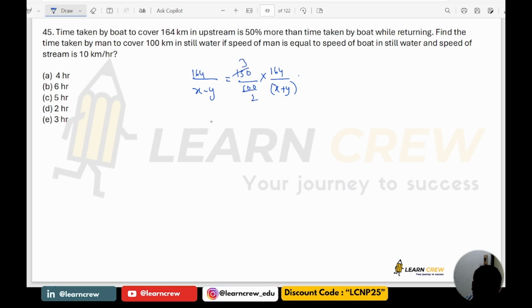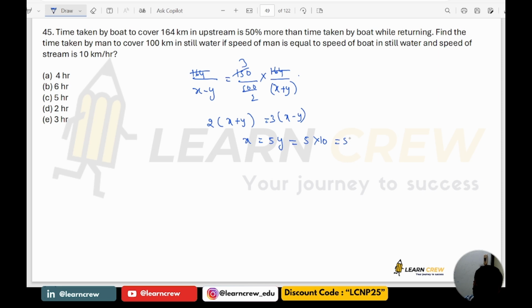Then 2 into x plus y is equal to 3 into x minus y. From this I got x is equal to 5y.